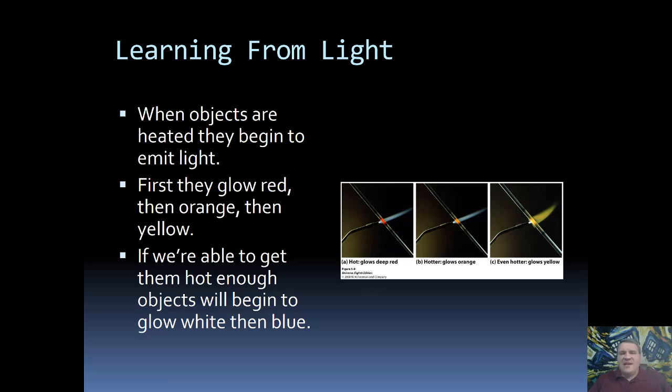Okay, so when things are cold, they're not actually producing any light. But as they begin to heat up, they start to glow. For example, if you've ever experienced an electric burner on an electric stovetop, when they are off, they're black, but as they begin to heat up, they first start to glow red. If you have them set at a low level, they're only going to glow very faintly red.